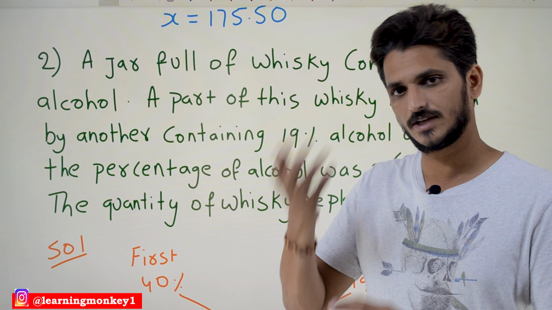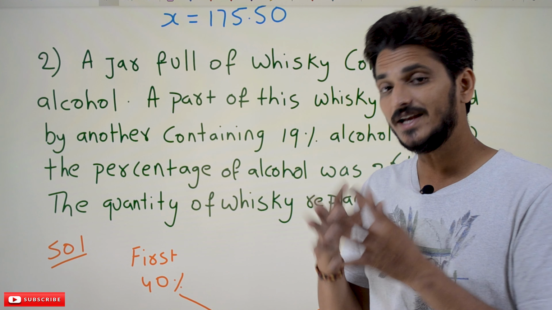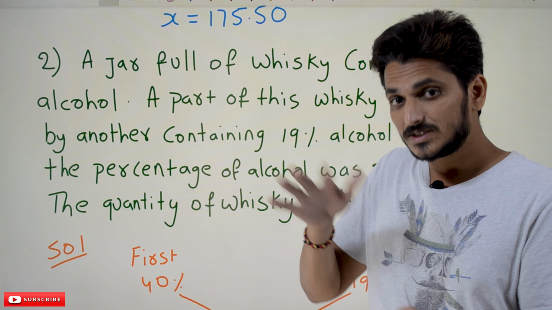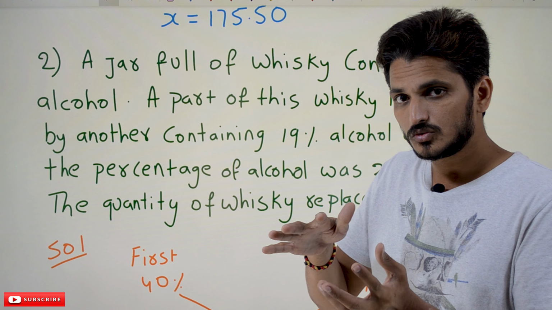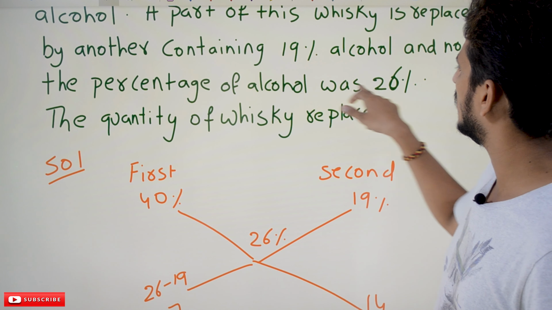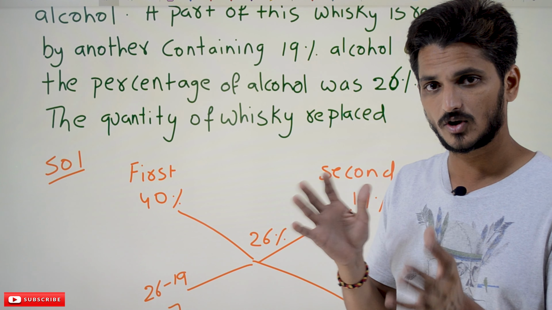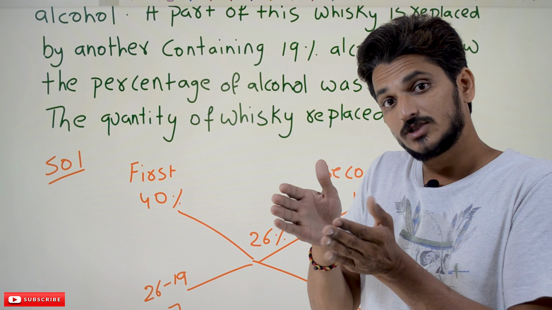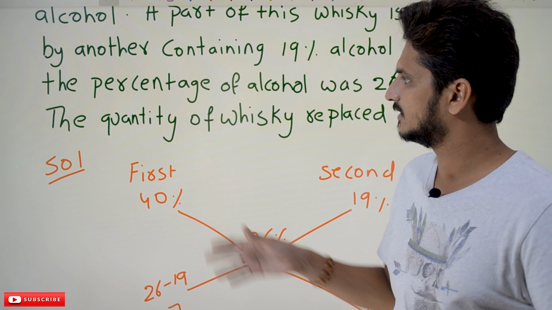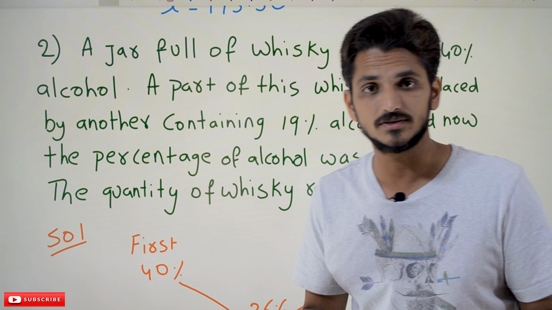So one whiskey has been taken out and another whiskey containing 19% alcohol has been mixed in. The mixture of these two varieties now contains 26% alcohol. What is the quantity of whiskey replaced? How much whiskey did we replace?